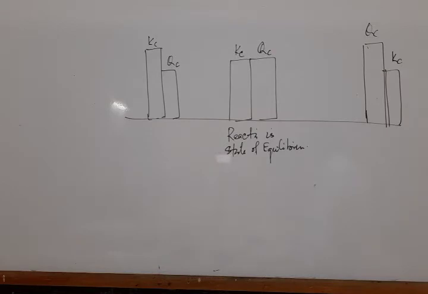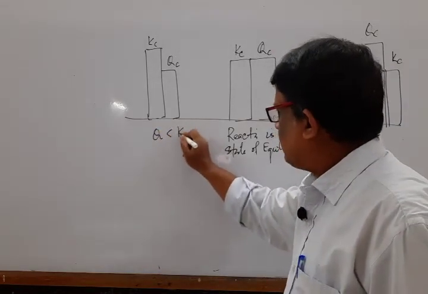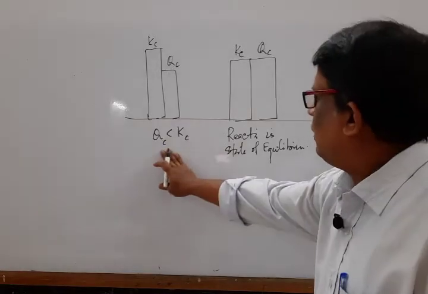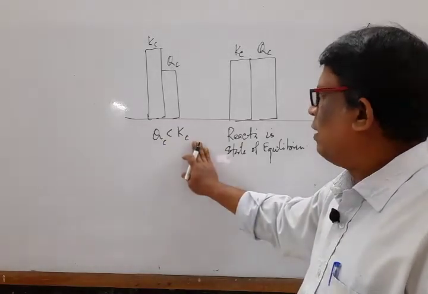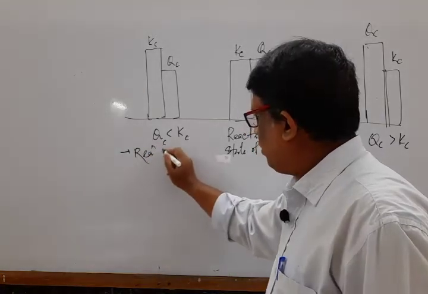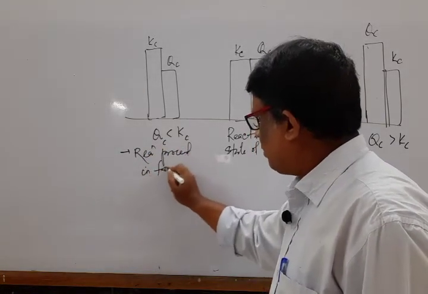From this diagram it is clear that here Qc is less than Kc, here Qc is greater than Kc. So from this diagram you observe that if Qc is less than Kc, it indicates that the reaction proceeds in the forward direction.